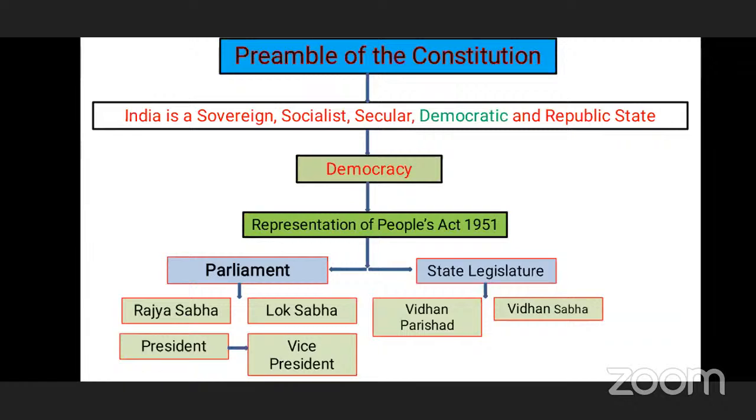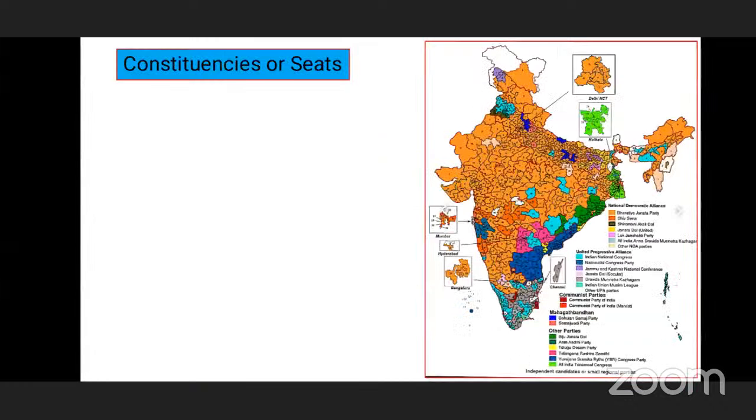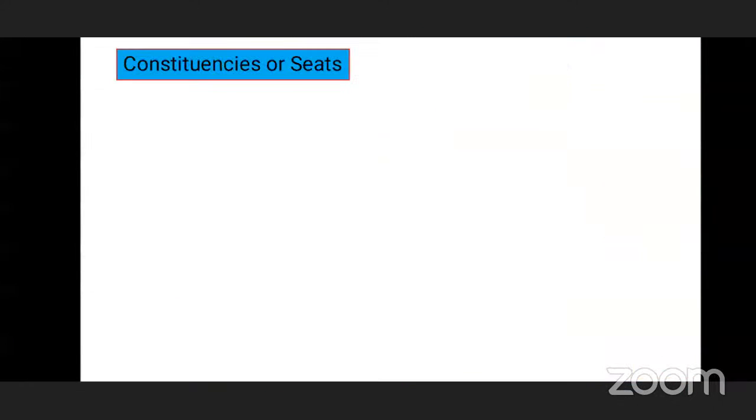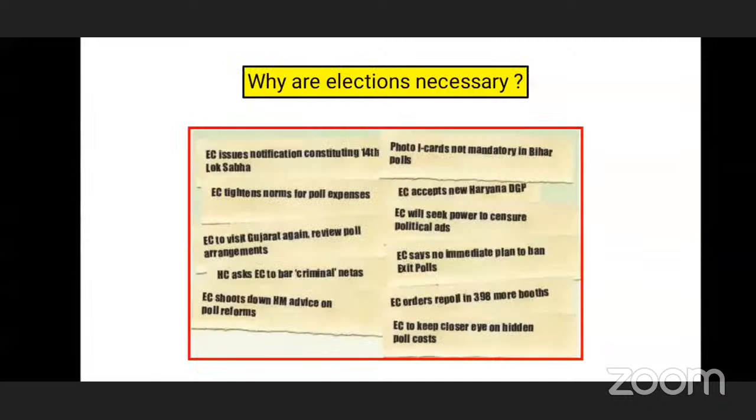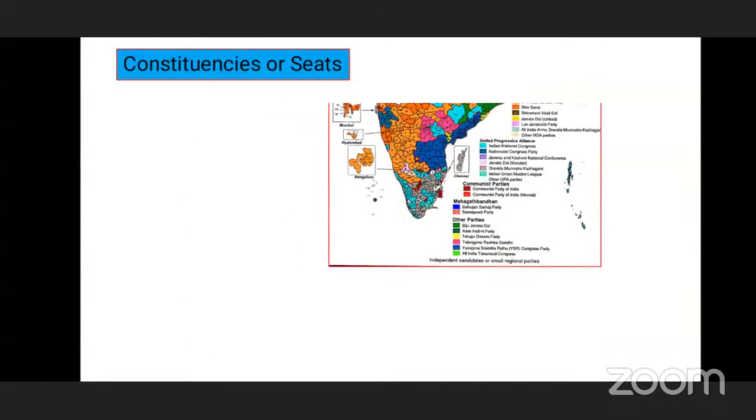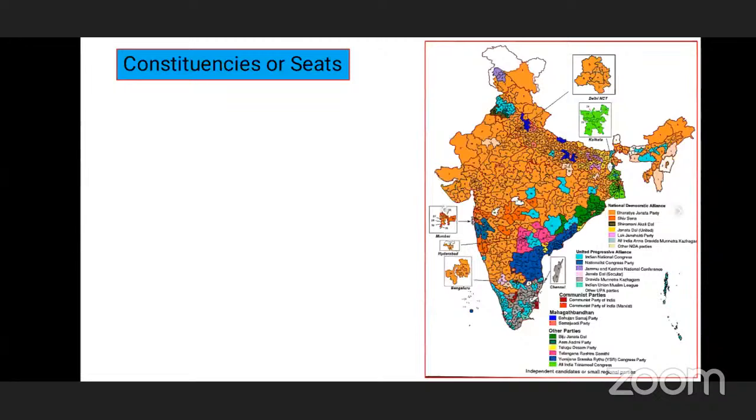There is a definition of democracy by Abraham Lincoln: Democracy is of the people, by the people, for the people. In that way, why are elections necessary? This is a very important topic.